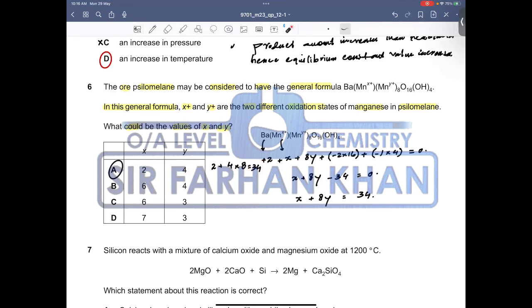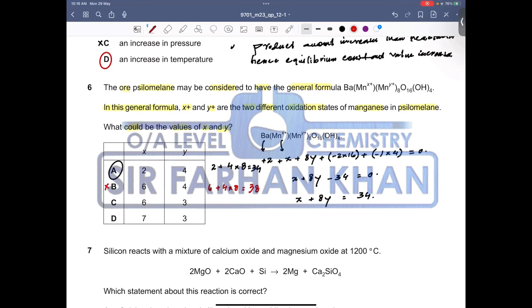Okay, let's talk about this one. You do 6 plus 4 times 8. So 6 plus 4 times 8 is going to be how much? 38. So obviously it's incorrect. Then 6 plus 3 times 8 is going to be 30, also incorrect.